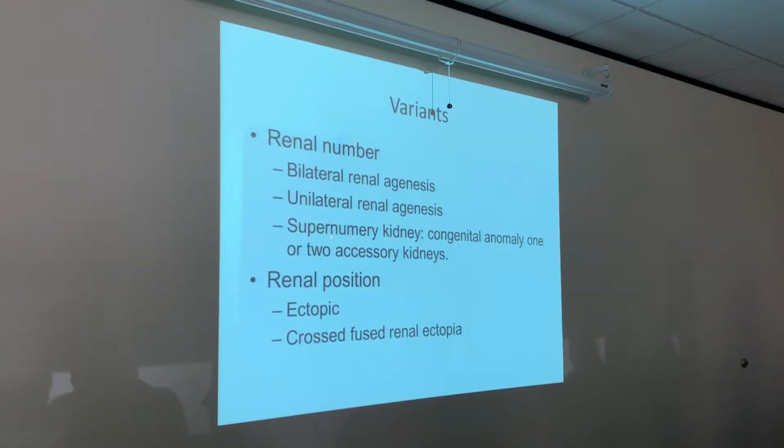I can have a supernumerary kidney. I have more than two kidneys. Okay? Ectopic kidney. That's usually going to be in the pelvis. Yeah, it's out of its location. Okay? And cross-fused renal ectopia, it's the ureter that is displaced. It will go over to the other side.